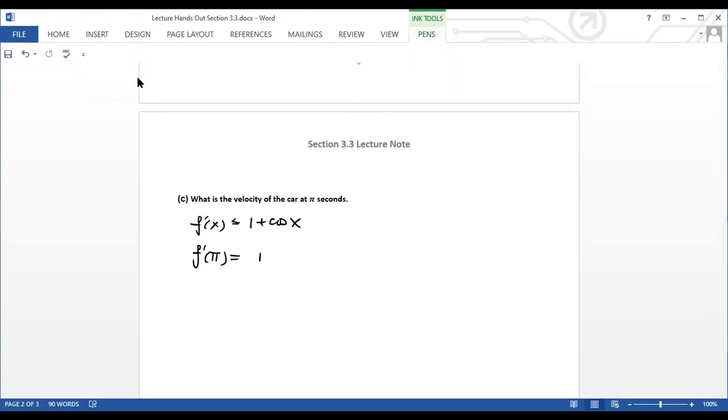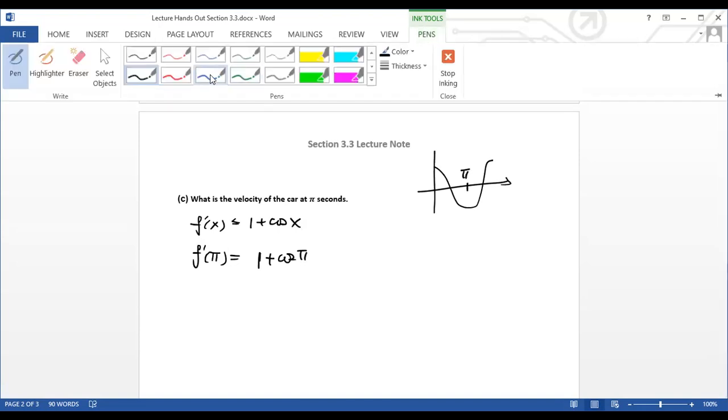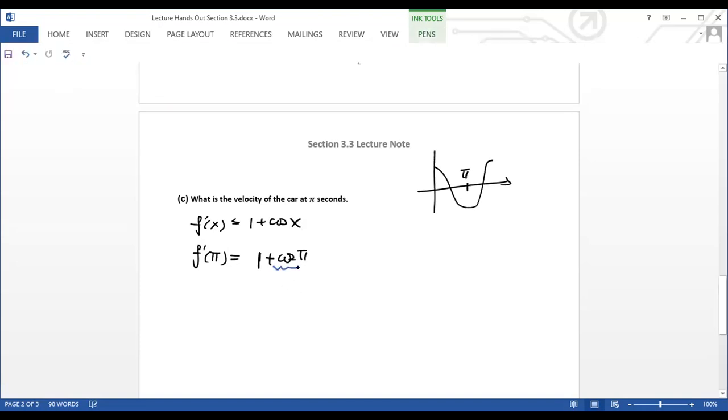So this will be 1 plus cosine pi. I know the cosine function is something like this, right? So this is pi. What is the cosine of pi here? Cosine pi is negative 1, right? So 1 minus 1 is equal to 0. So this is the velocity here.